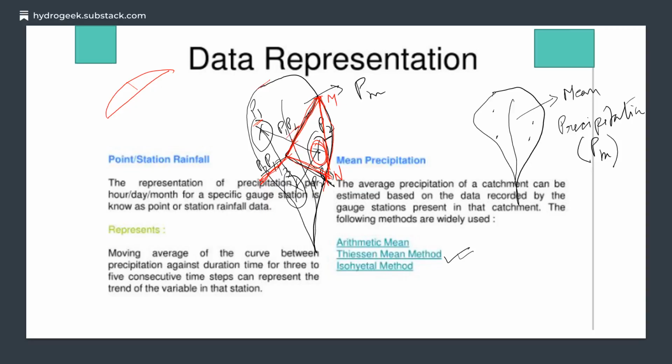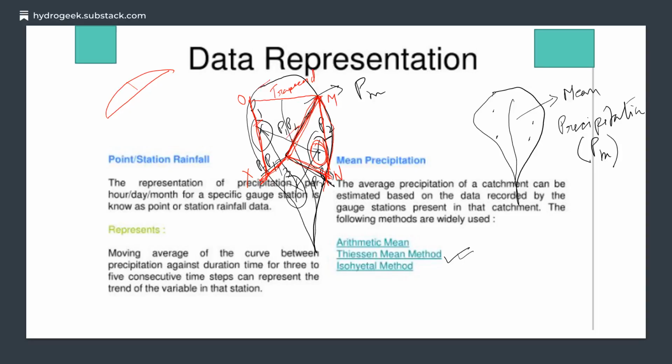Similarly, here we have to draw a polygon, from M to O, and from O to, let it be X. This is creating a polygon, and you can represent it as a trapezoid. Not exactly a trapezoid, but you can assume it as a trapezoid.